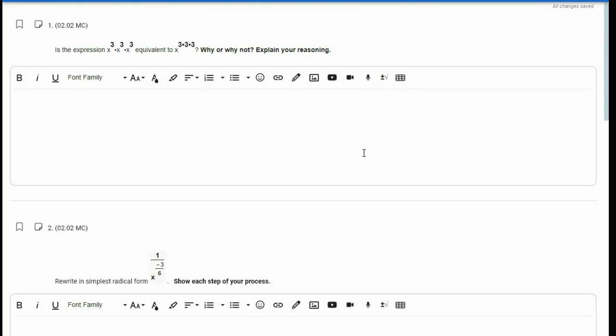All right. Is the expression x to the 3rd times x to the 3rd times x to the 3rd the same as x to the 3 times 3 times 3? Why or why not? Explain your reasoning. And remember, if you're going to use some kind of equation in your answer, use the insert equation button.